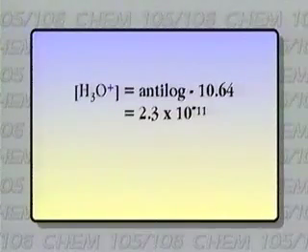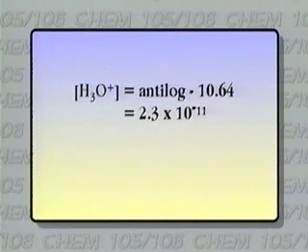So if we now take on mine the inverse, and then I go to the log button and I read my final number, which is 2.3 times 10 to the minus 11.